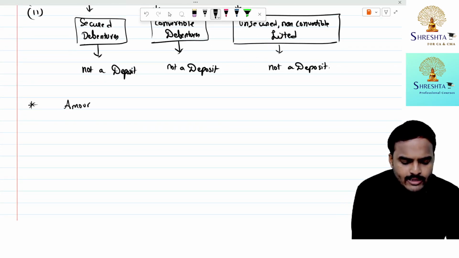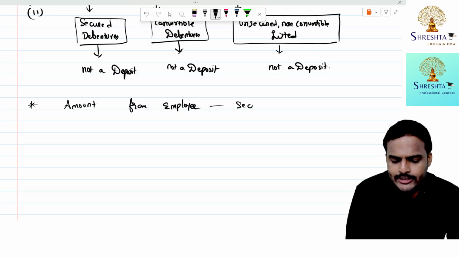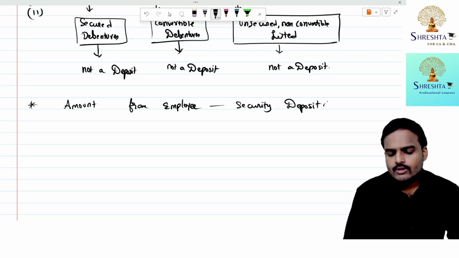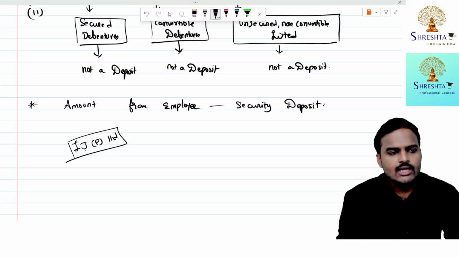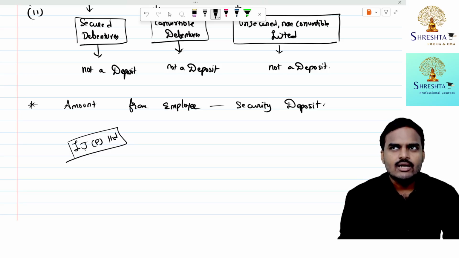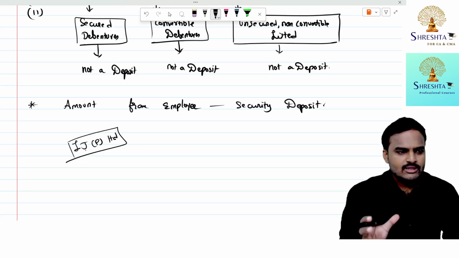Amounts received from employees, security deposit. Suppose Lalita Jewelers Private Limited company is there, a private limited company. I don't remember the exact name of the company.